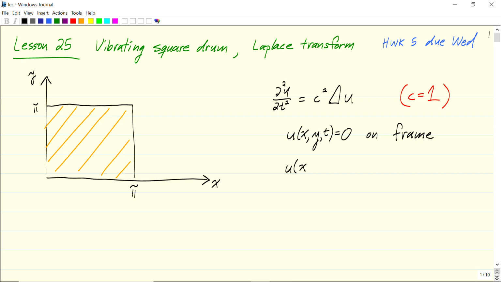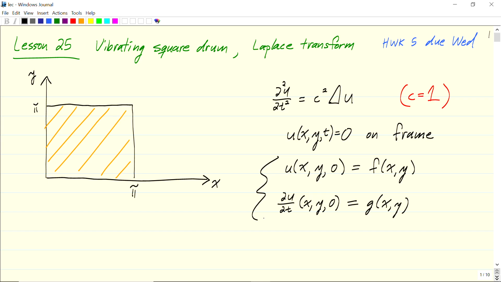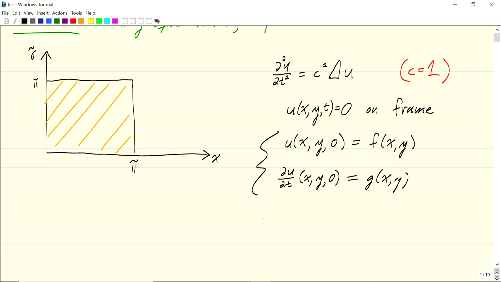And we would have an initial condition, u of xy at time 0, let's say it's some shape. You could pluck a drum head if you wanted to. And then also, if you whacked it with a stick, you'd have an initial velocity. So du dt of xy at time 0 would also be some profile. So that's the problem.